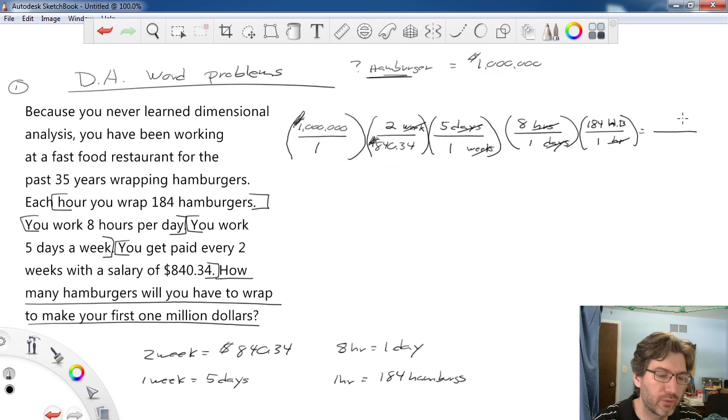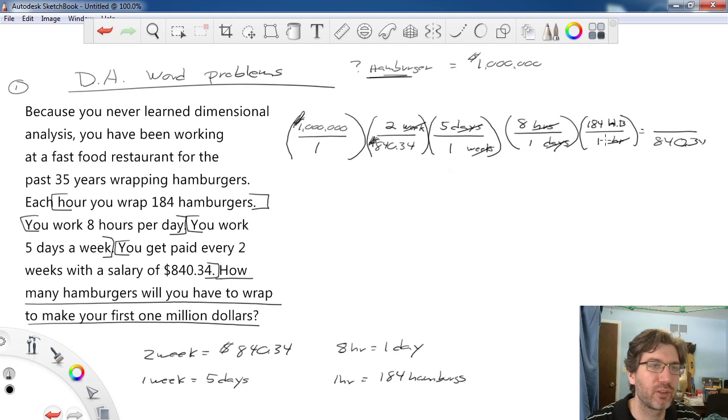It's going to give it to me in scientific notation, which is fine with me. Hopefully divided by 840.34. I didn't do it in steps, I just did everything together. I divided it. Let me pull it apart. 840.34, sorry.